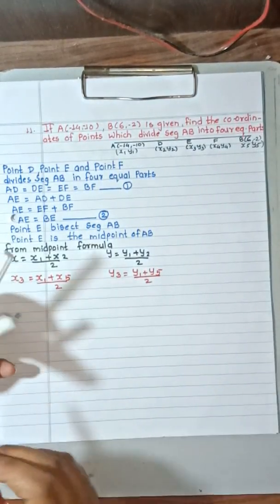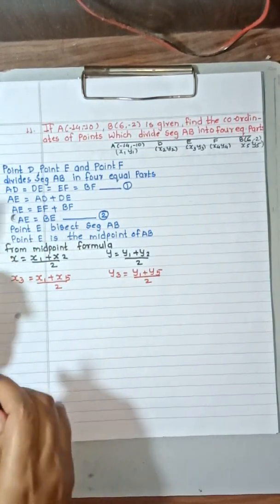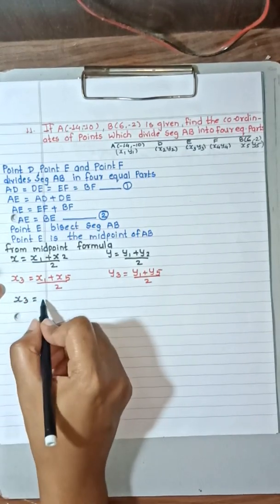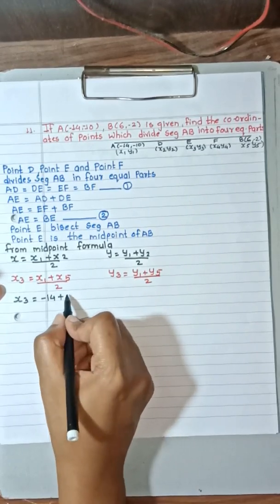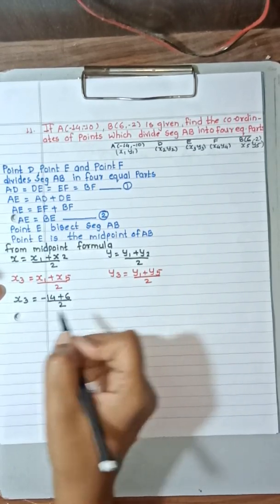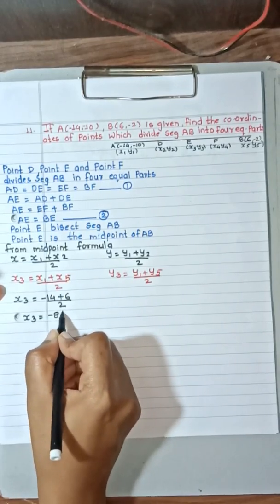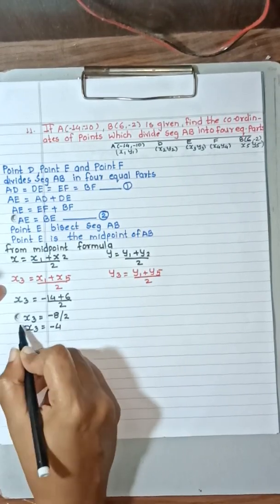Now I'll put the values over here. So x3 is equal to, what is x1? x1 is minus 14 plus x5 is 6, upon 2. Therefore x3 will be equal to minus 8 upon 2. Therefore x3 is equal to minus 4.